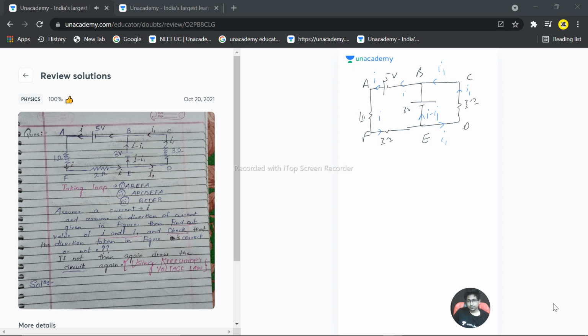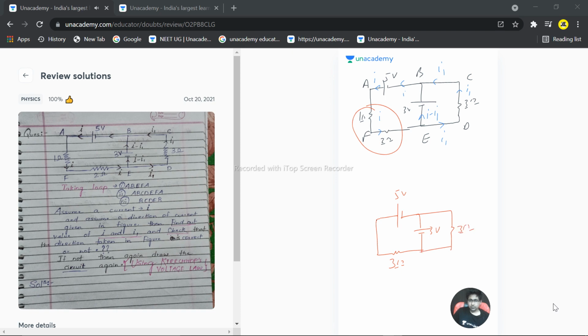So if we see that these two are in series, I can write that we have a 5 volt battery which is connected to a 3 ohm resistor, and we have a 3 volt battery here, and there is a 3 ohm resistor we have.